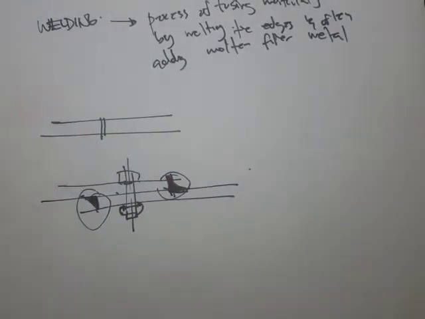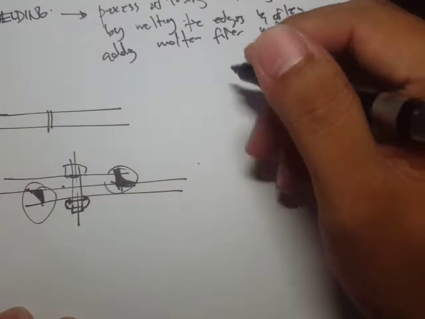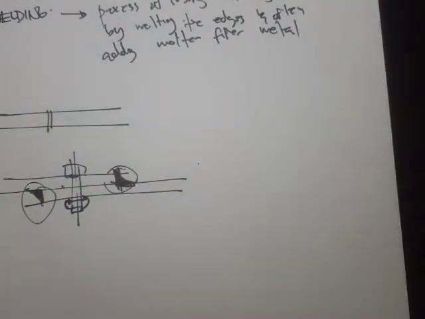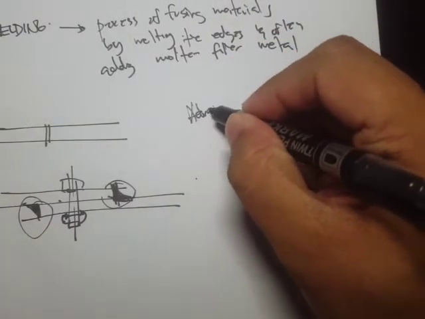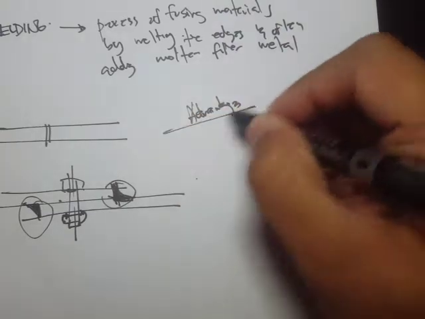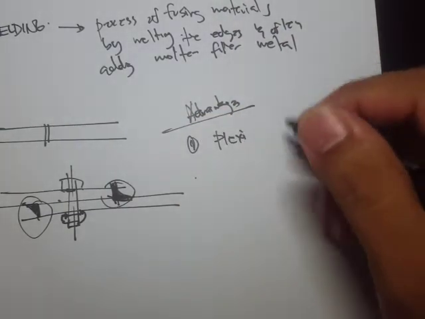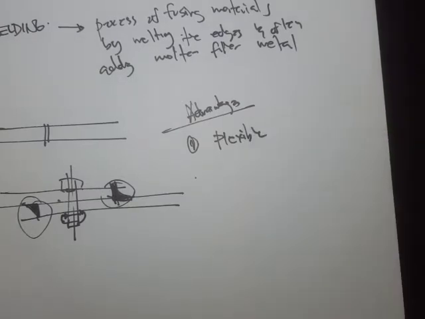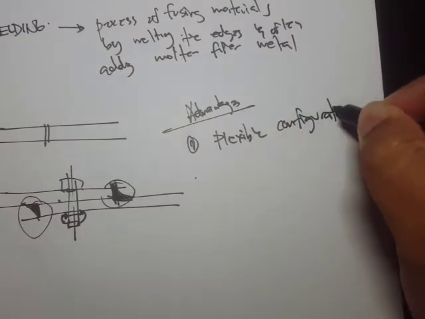So in that way, there is strength in that type of connection. Now let's discuss some advantages and later on the disadvantages. For the advantages, number one, we have flexible configurations.